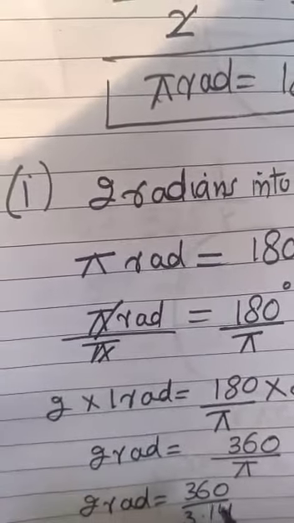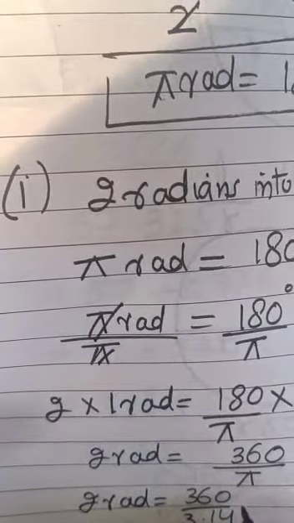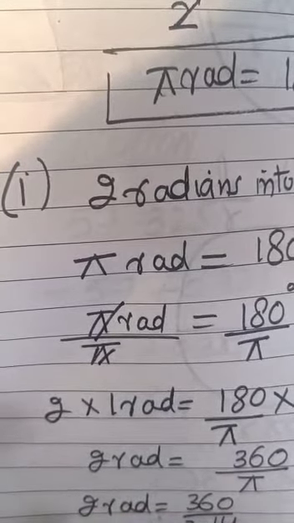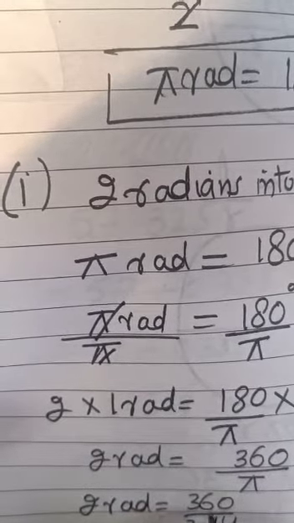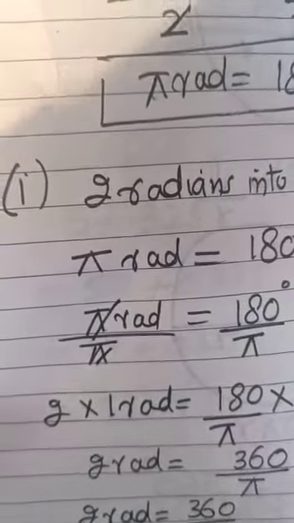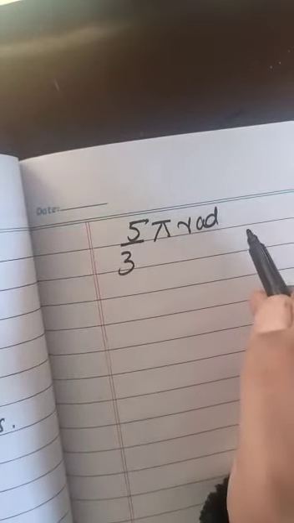So when you divide 360 by 3.14, you get the value of 2 radians. So this was the value of 2 radians equal to 360 divided by 3.14.